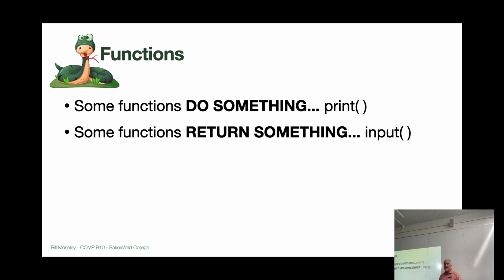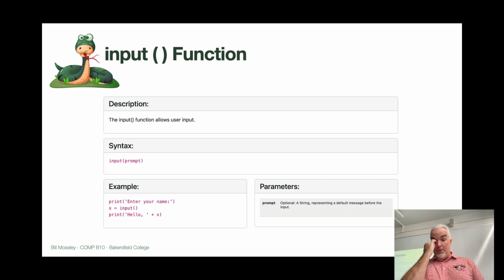But input is a function that you'll be using for many of the programs early on in the class to gather input from your users. So let's talk about input, because people get confused really quickly about this. Input has one parameter.